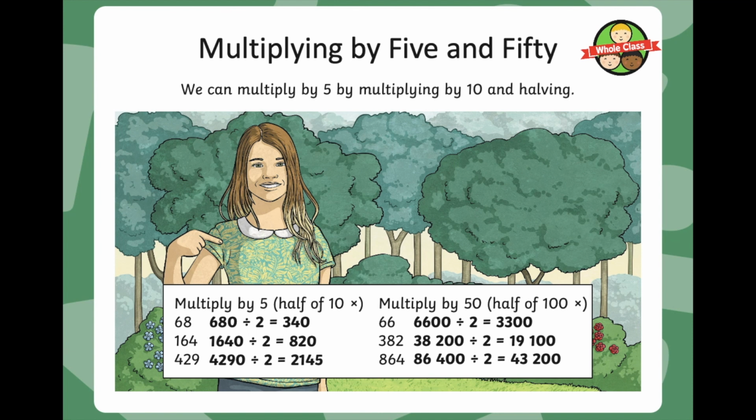Then on the other side, 6,600 divided by 2 is 3,300. 38,200 divided by 2 is 19,100, and 86,400 divided by 2 is 43,200. Well done if you got all those correct.